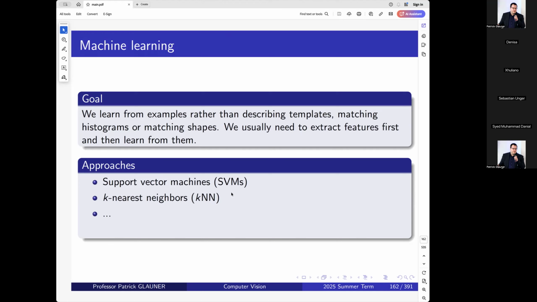The problem is they don't work too well on actual image data. Have you ever tried, for the ones who are listening, have you ever tried to put an image as the input for a support vector machine or some other model, like a tree, a k-nearest neighbor, a logistic regression? Who has ever tried this? Maybe a thumbs up if you have tried it, thumbs down if you have not tried this.